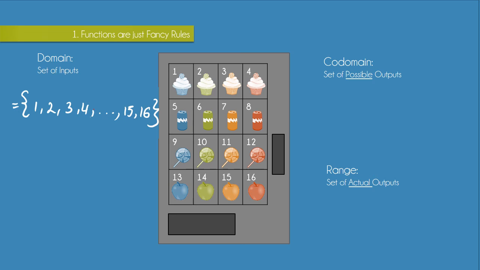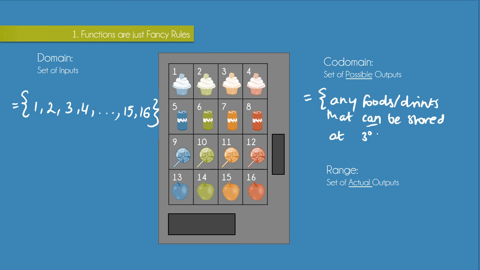So maybe whoever made this vending machine could have decided that the codomain is any foods or drinks that can be stored at 3 degrees Celsius, because maybe that's the temperature that this vending machine is kept at.